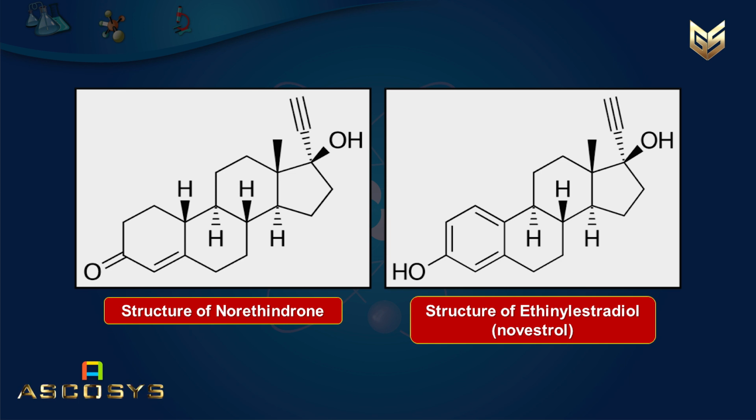Some important examples of anti-fertility drugs are norethindrone and ethinyl estradiol. You can see the structures of both these drugs on the screen.